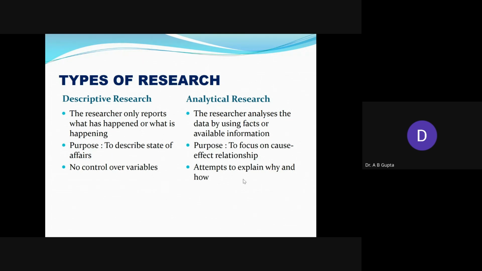But here you are analyzing that existing information and trying to establish a certain relationship. Ultimately, the focus of analytical research is to identify if there is a certain pattern, to identify if there is any cause of something that has happened, or to establish if there is any relationship between two or more variables. So that is analytical research.